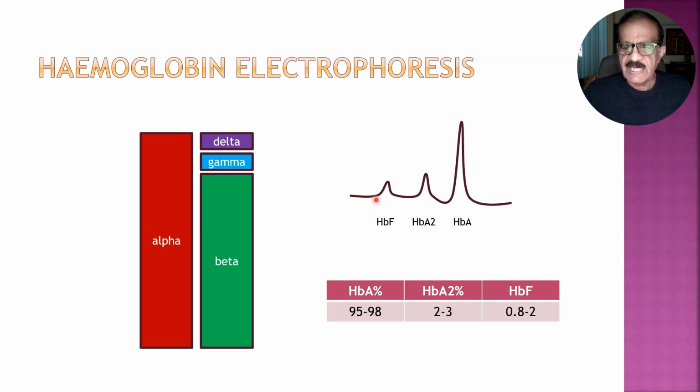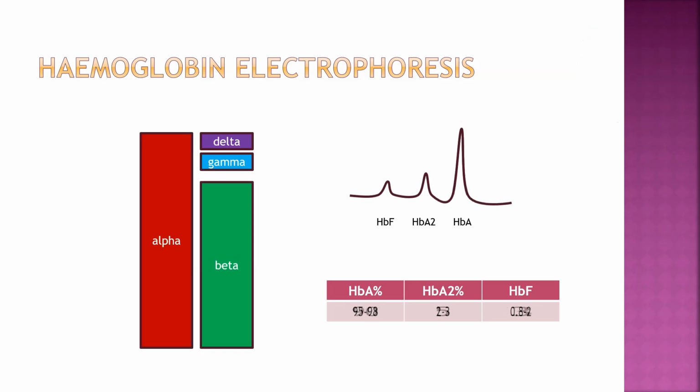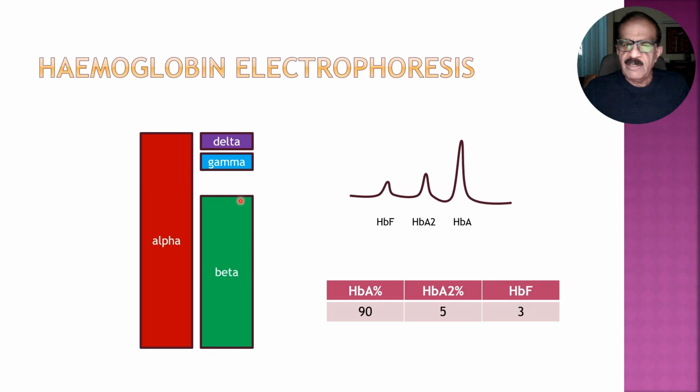In beta thalassemia, I'm going to explain how things change. There is quantitative abnormality in beta chains. So beta chains are produced in lesser quantities. Okay, so beta chain is less. So this will become shorter.